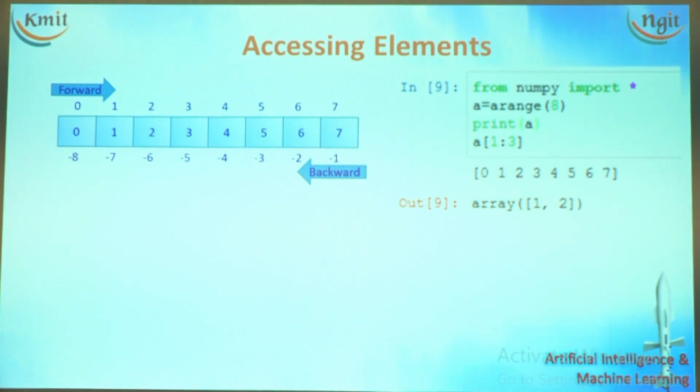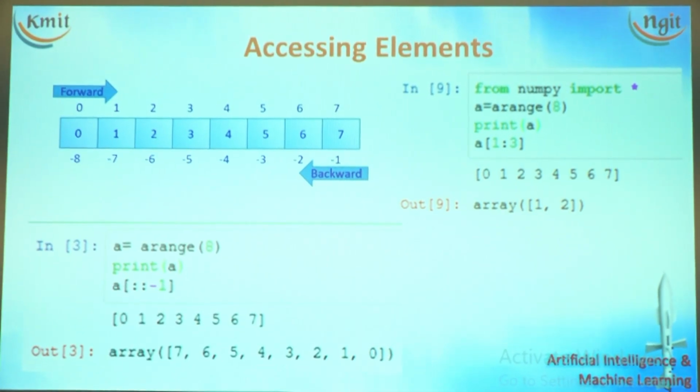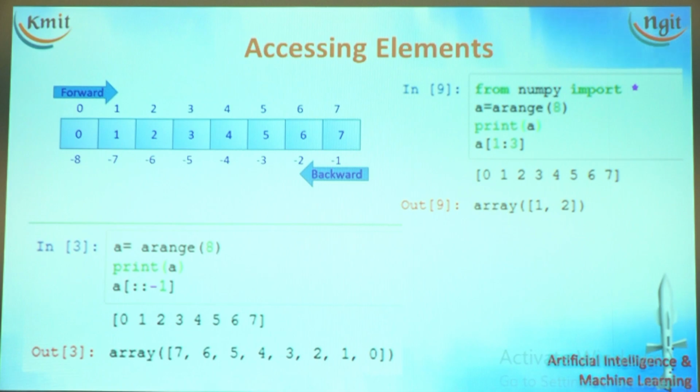Next, could you please reverse this particular one-dimension array for me? The elements are from 0, 1, 2, 3 till 7. I want from 7, 6, 5 till 0. Could you please reverse it for me? You did that? What did you use? 2 colons and -1. Those who are new to this concept can please look at the screen.